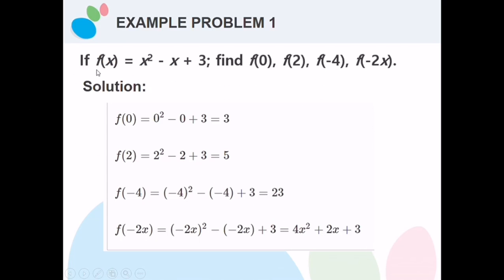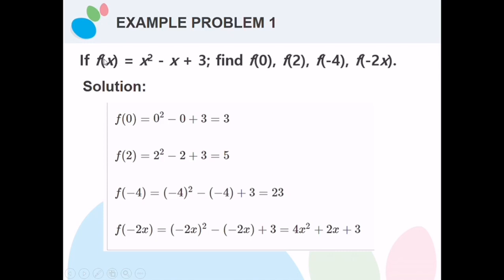Now, here is our first example problem. If we are given f of x equals x squared minus x plus 3, we know that f of x is the same as y. We're going to find f of 0, f of 2, f of negative 4, and then f of negative 2x. The only thing you need to do in this kind of problem is just substitute the value of x in the given function.